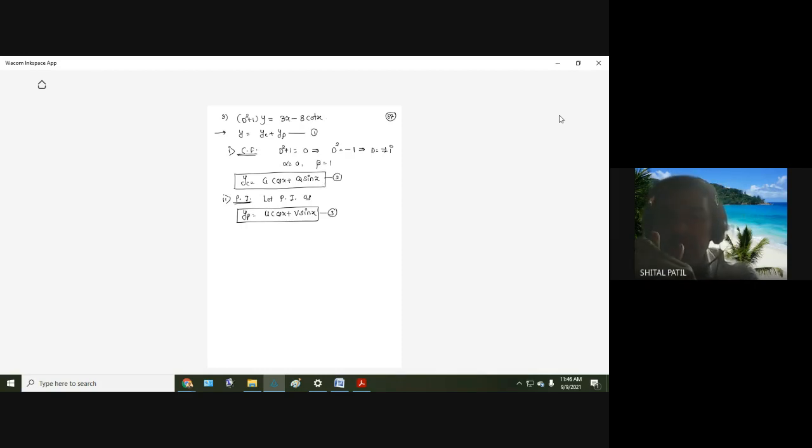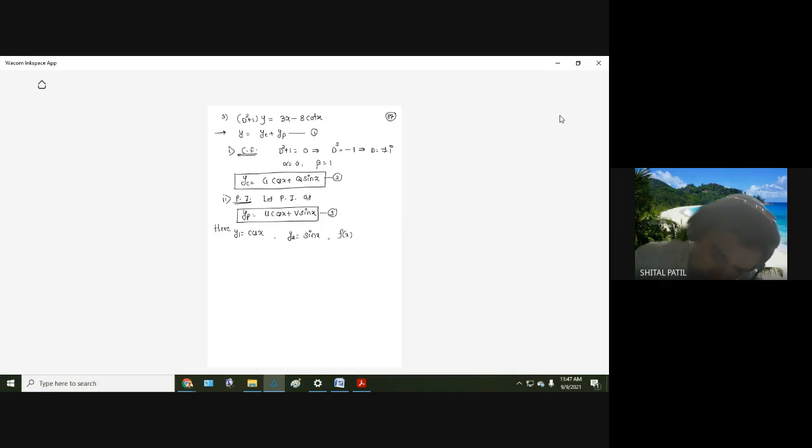Okay, go ahead. So y1 equals, what is y1? cos x. y2 is sin x. F of x is the right side.